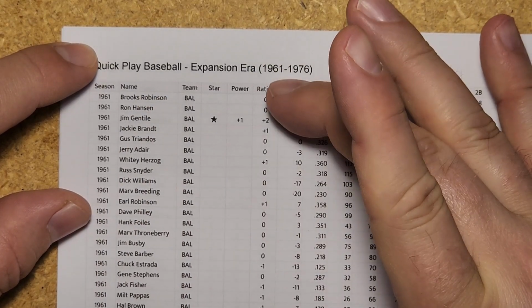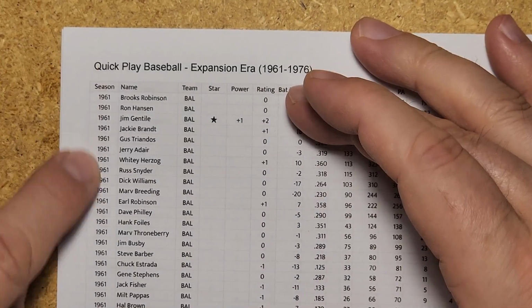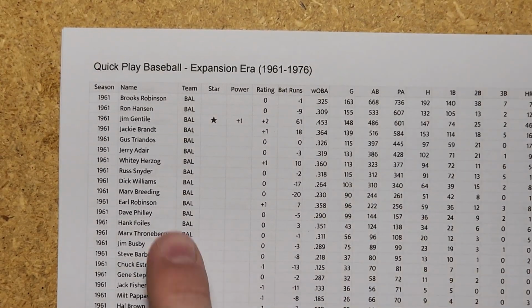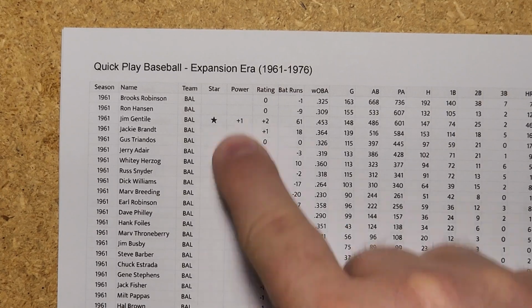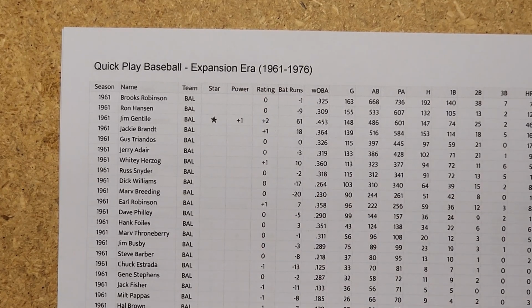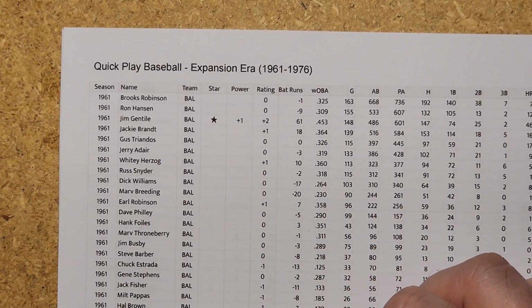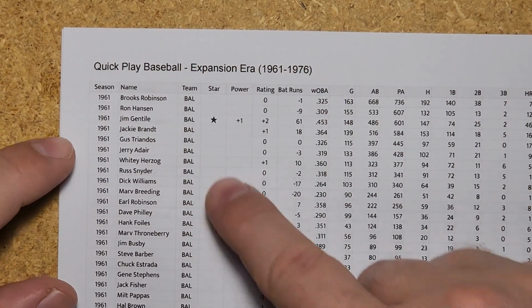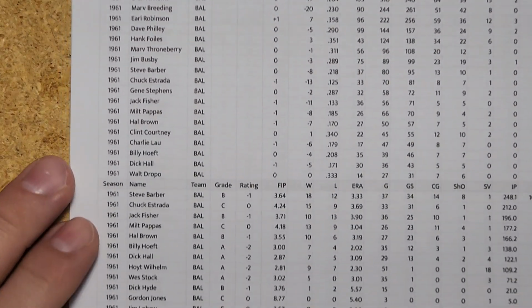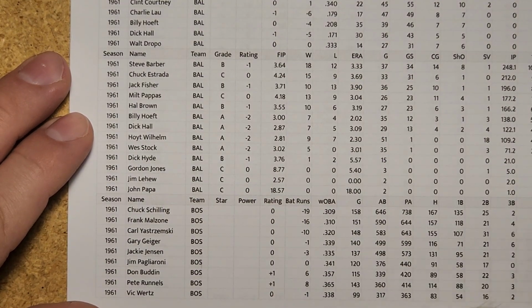This is Baltimore here, and then you can see Boston starts here. 1961 all the way down, you get the batters, and then you can see here the separator, and you can tell by the grades here. So there's nothing really, and then you get your pitching grades here. These are going to be your pitchers here. So you got your pitchers, you got your batters. Sorry, you can't see that. So there's the batters, and here are the pitchers. You can see them here.